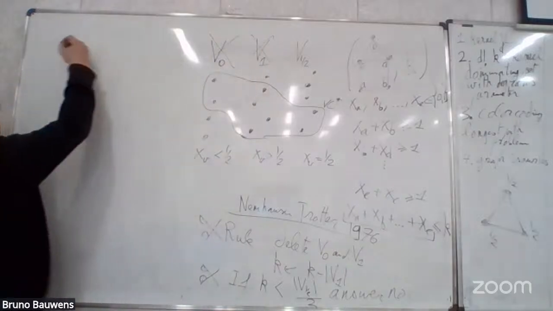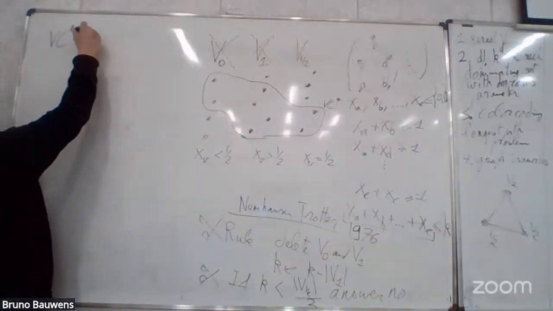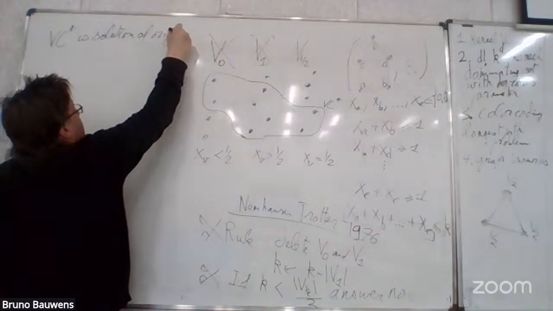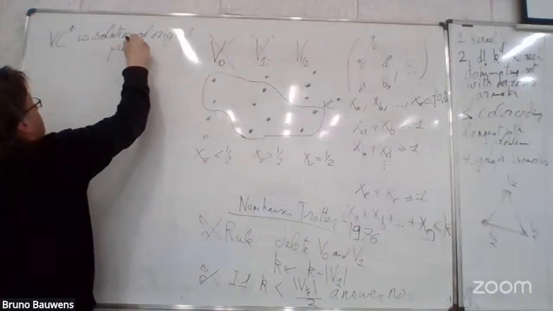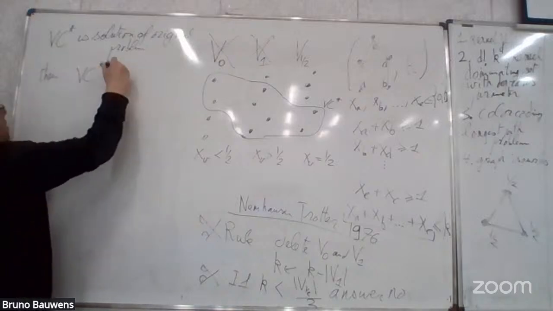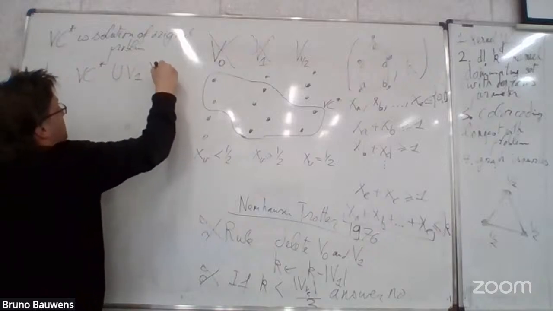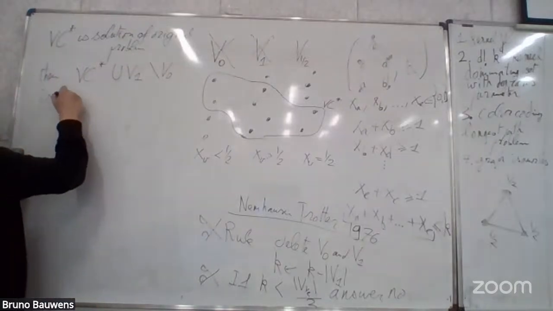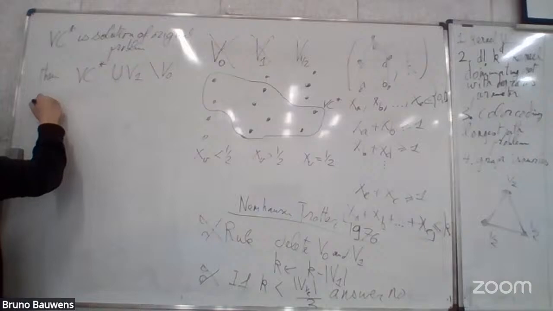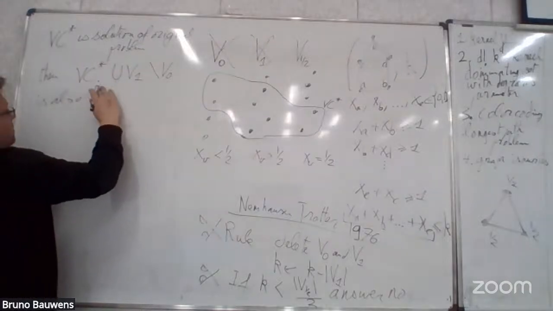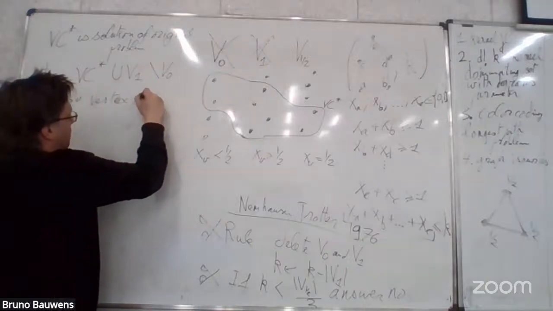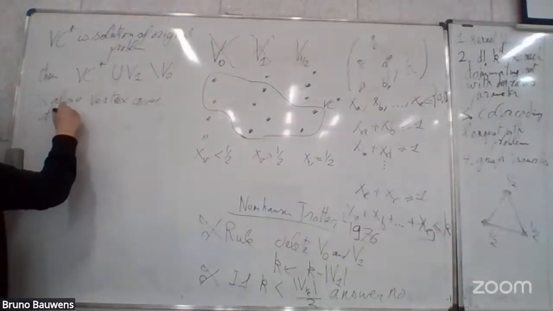So that means that if VC star is a solution of the original problem, then VC star union V1 minus V0 is also a vertex cover of the original problem.